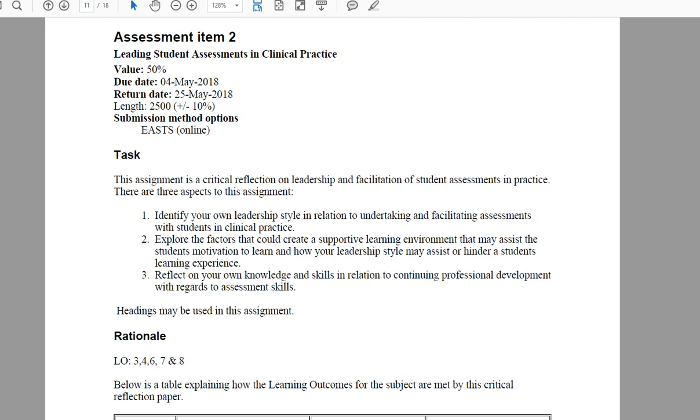Then you need to reflect upon your own knowledge and skills in relation to continuing professional development in regards to assessment skills. So other assessment skills that you need to think about are things like how you're doing assessment. Do you do group assessment?